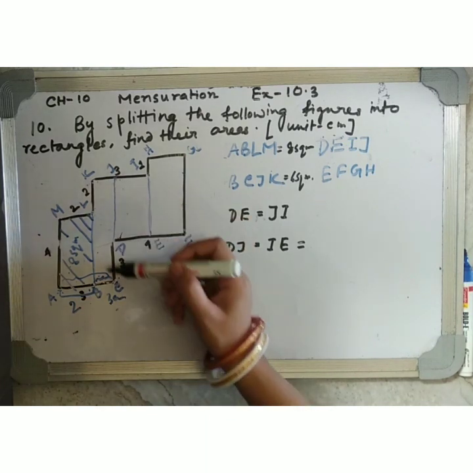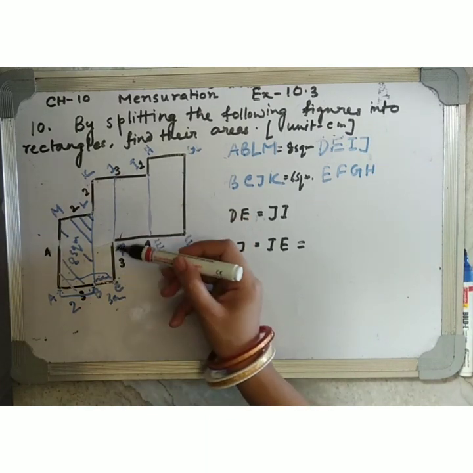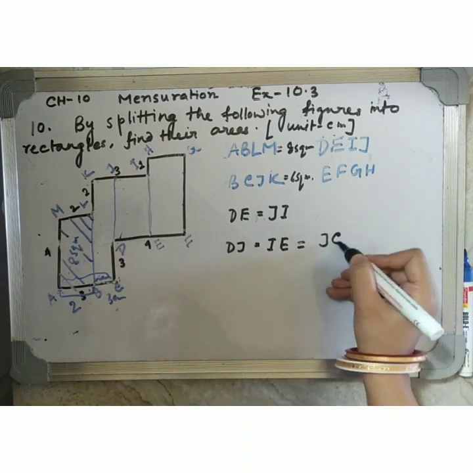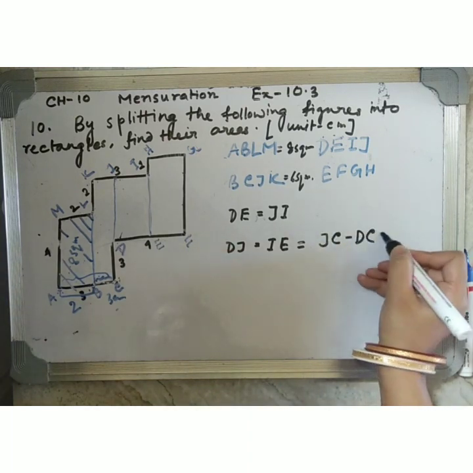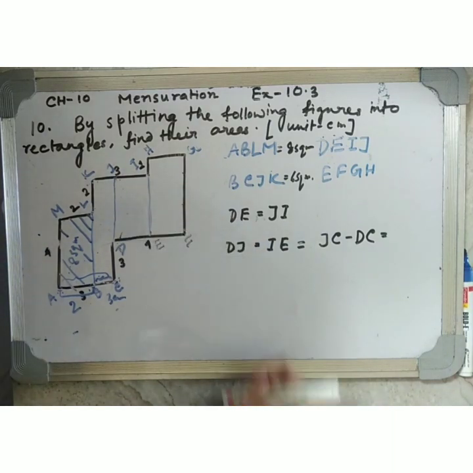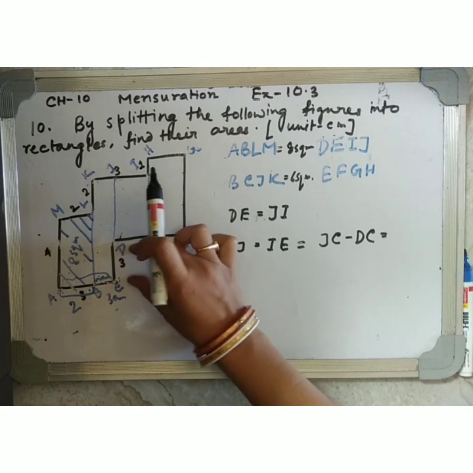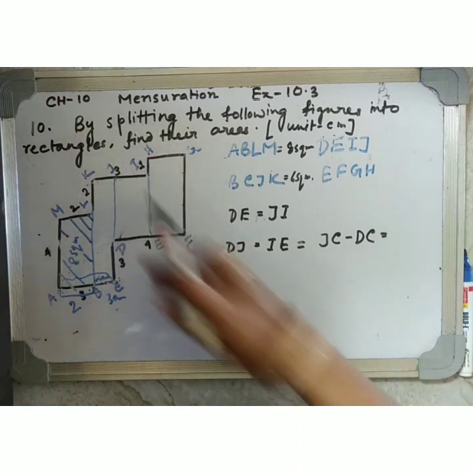The total was JC. We know this part DC. Okay, so if we write JC minus DC, then we can find JD. JC means a complete line, CD means this part, then we will find this line.